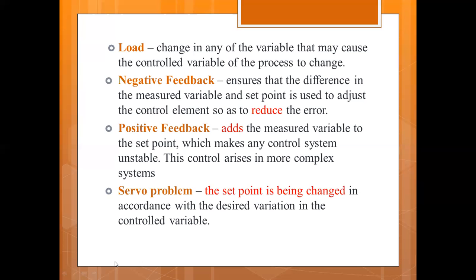So they change the set point that way, so that the control variable should not be out of the desired range of values. In that case, they're not getting the difference of the set point and the measured value, nor adding the measured value to the set point, but rather changing the set point based on the desired range of values of the control variable.